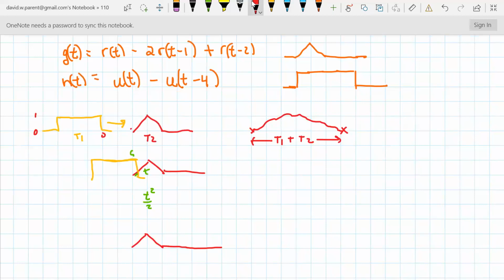or the next area of interest, is now here. Now, this part, that area, this overlap is always the same now.